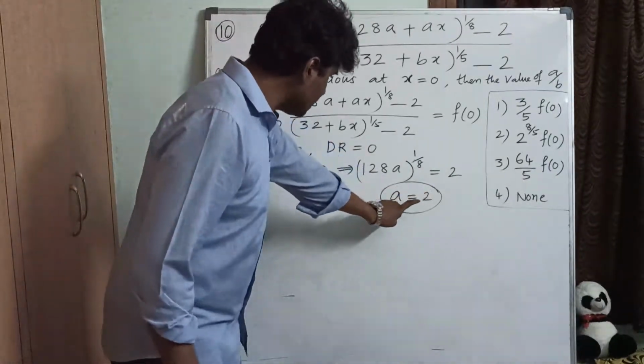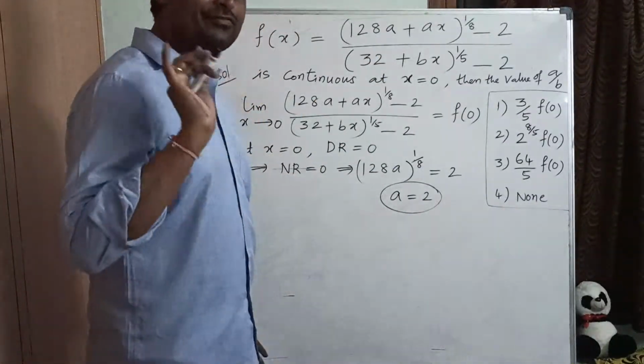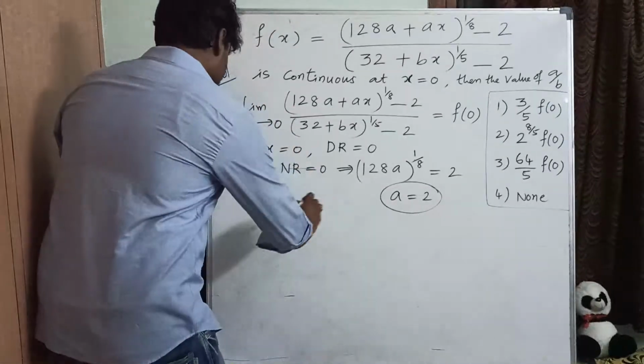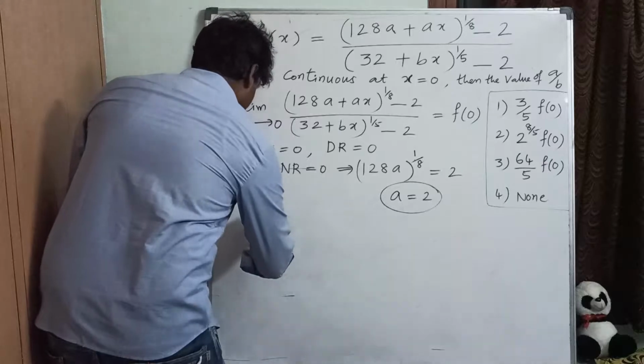Now substitute the a value back. This function will become the original now, and now we'll find the limit. Limit of this function means f of 0 only.